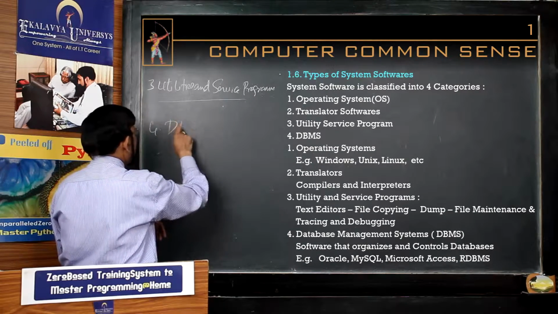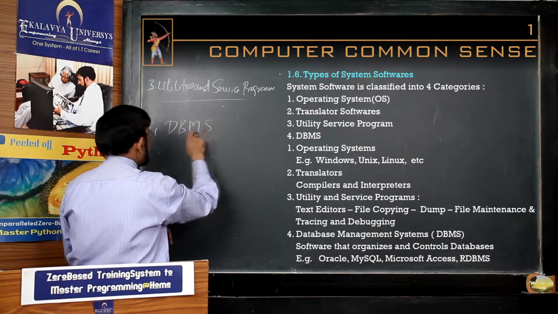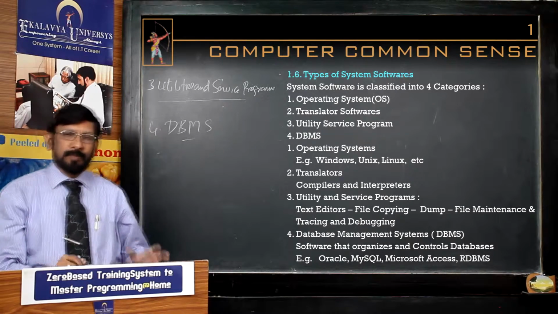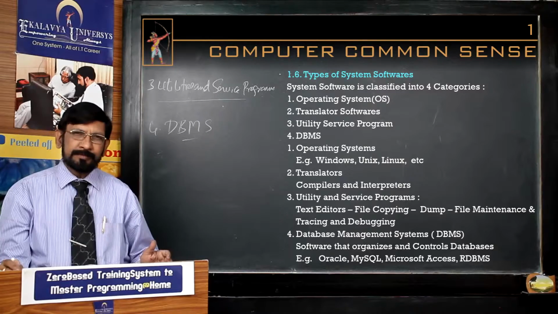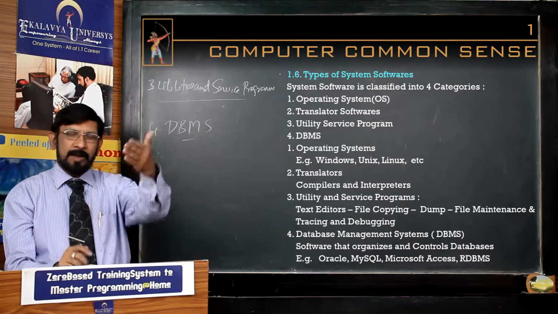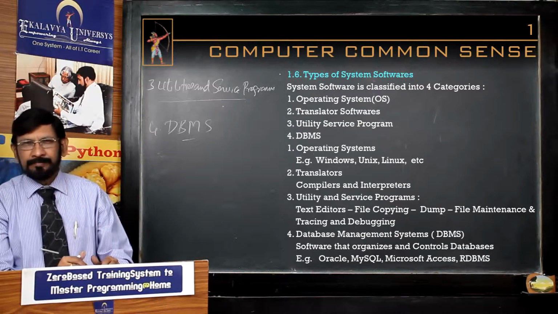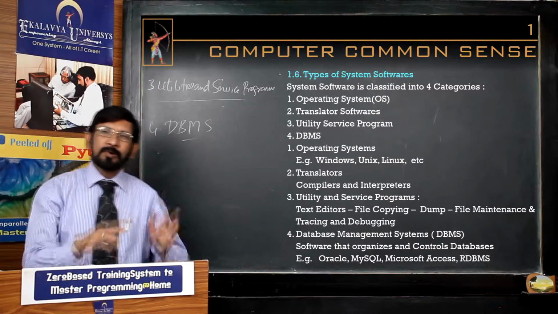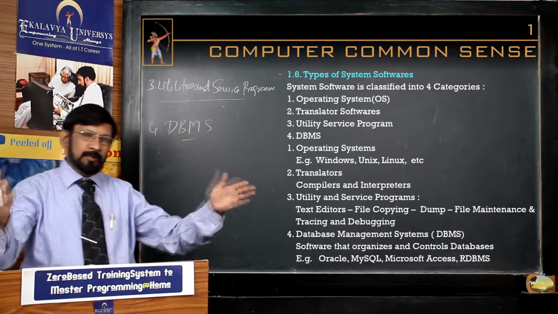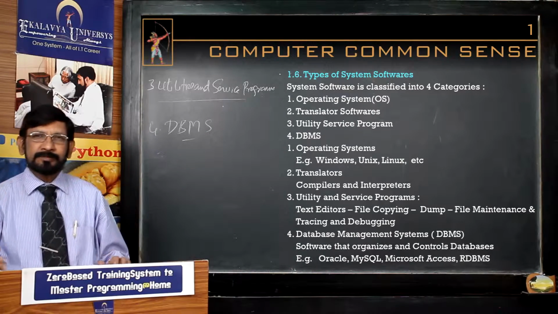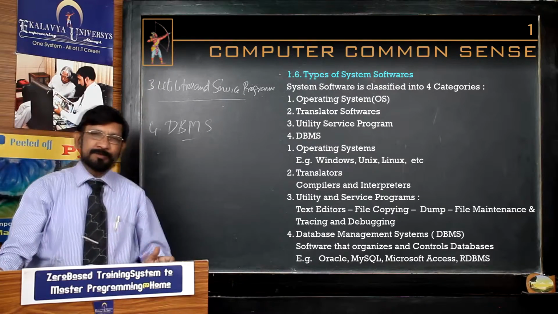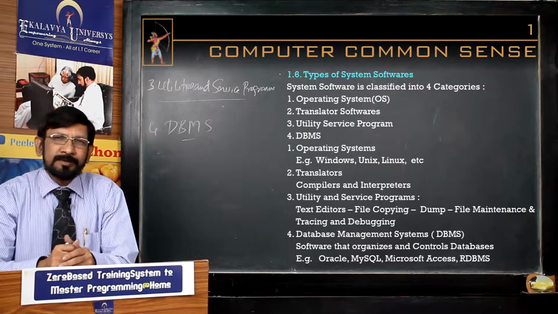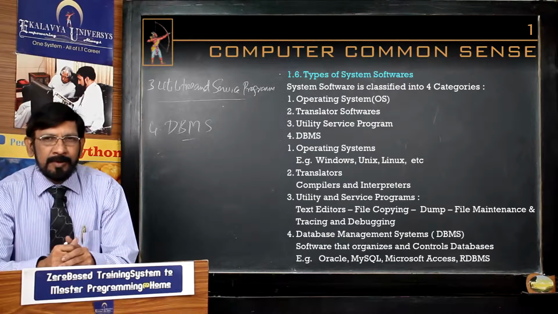The fourth one is database management system. Suppose, for example, you are studying in a college. Your class has 60 students, and that data is there. It may be a file. In your college, there are 20 classes altogether, so 20 files should be there. All together is called a database. With 20 classes of 60 students each, data relating to 1200 students will be there.